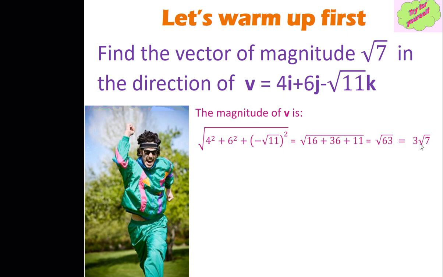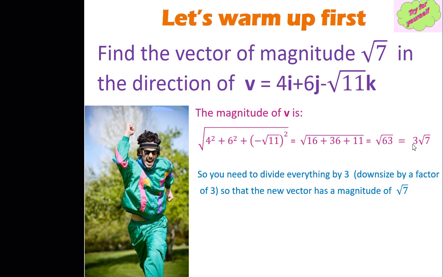So what we then need to do is divide each of these numbers, 4, 6, negative root 11, by 3. Yes, and why? I didn't say find the unit vector because a unit vector has a magnitude of 1. So in this instead it said find a vector with magnitude root 7.